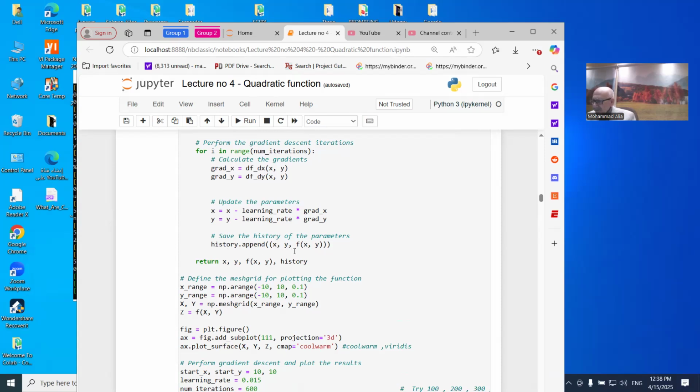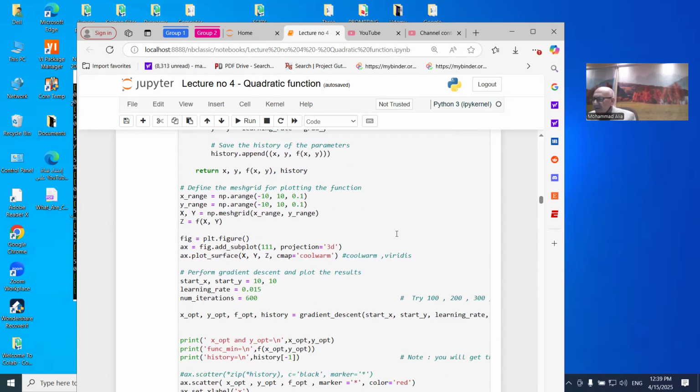Now we finish this function. This function will return x and y and f of x, y and the history, because we may need to work with the history.